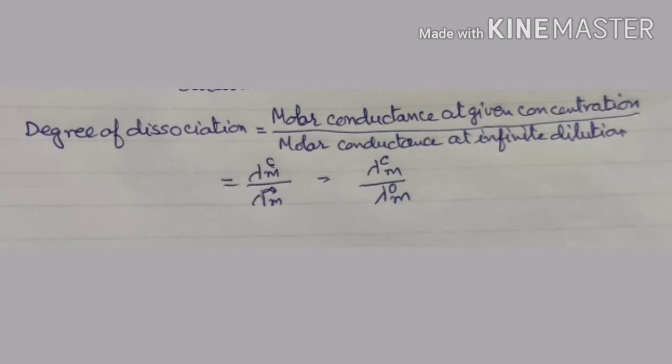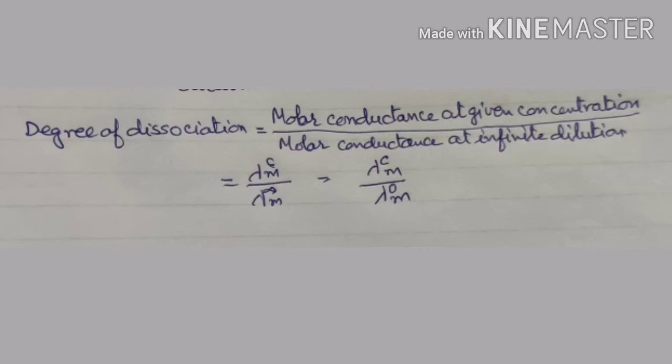The degree of dissociation is represented by alpha. Now this alpha is equal to the molar conductance at a given concentration divided by the molar conductance at infinite dilution.